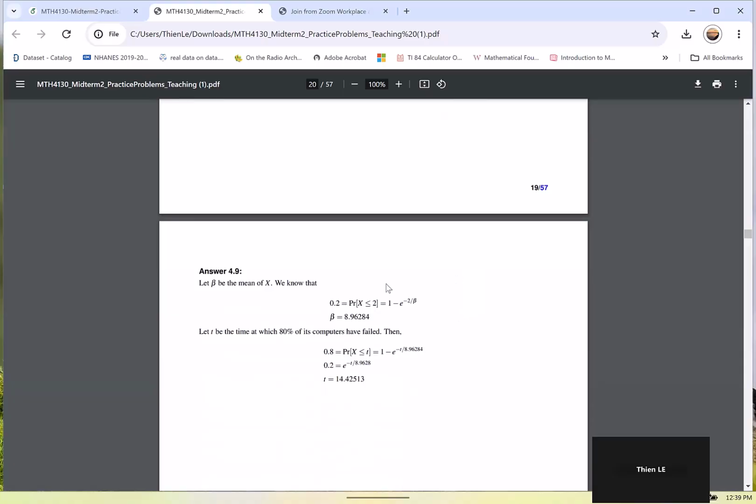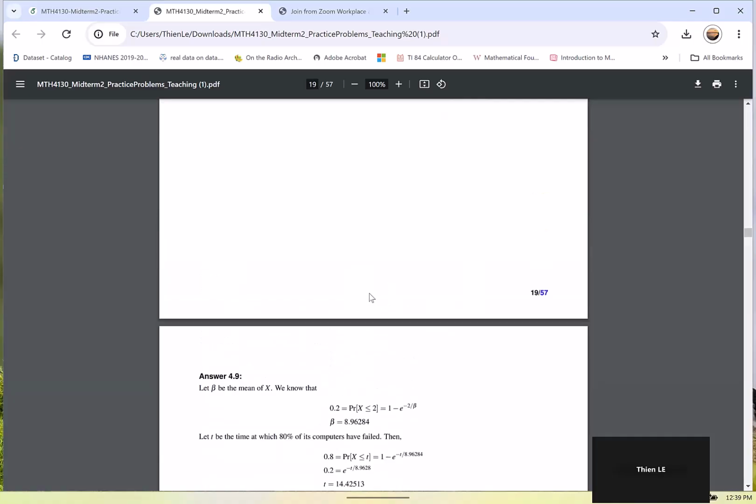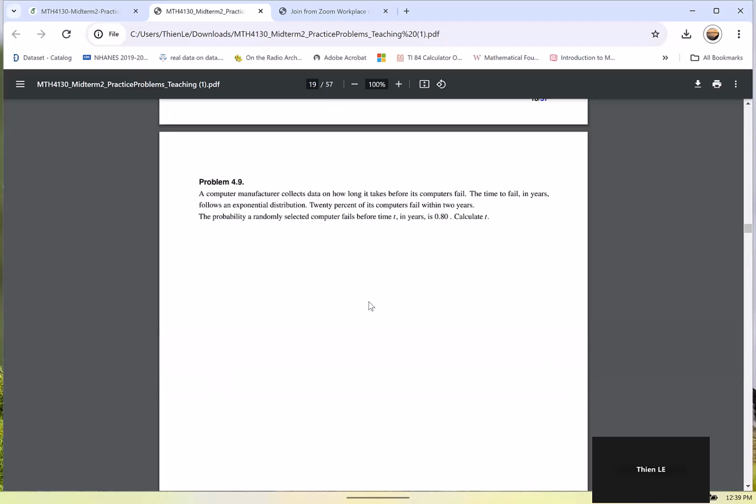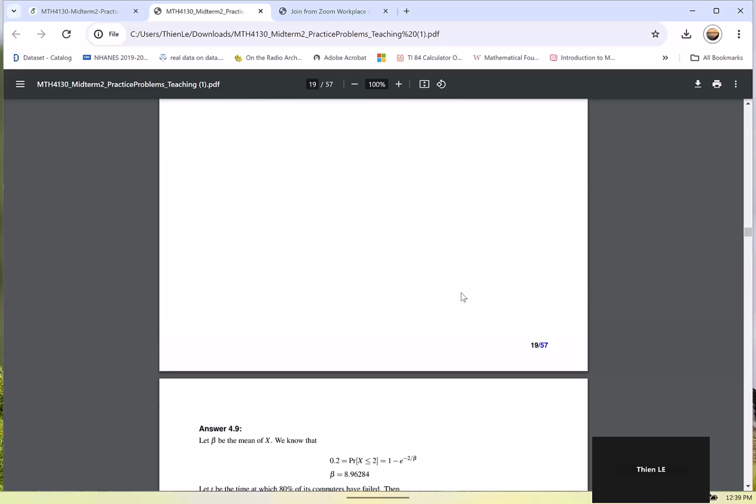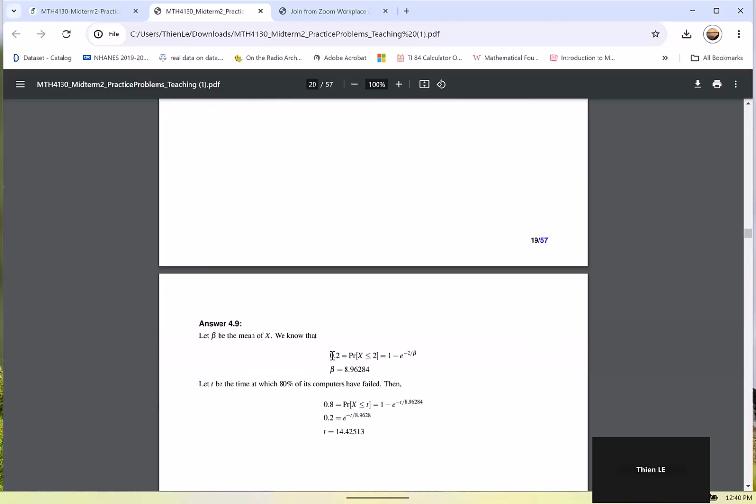So here, we let beta be the mean of x, okay? They didn't say anything about the mean, right? They just say 20% of the computers fail in 2 years, right? Because 20% fail in 2 years, it means 0.2 equals the probability, just the CDF, right?